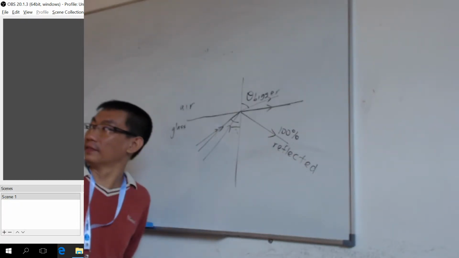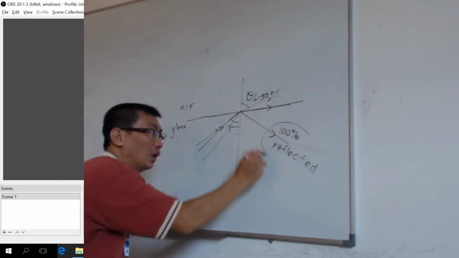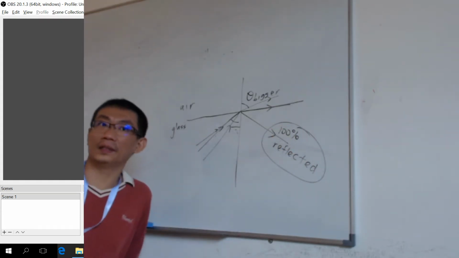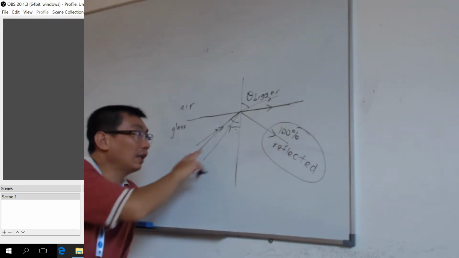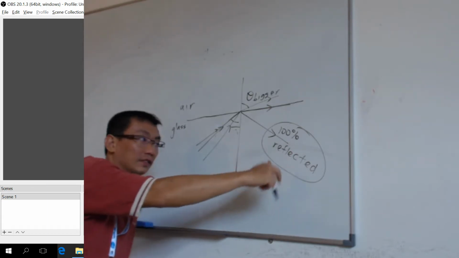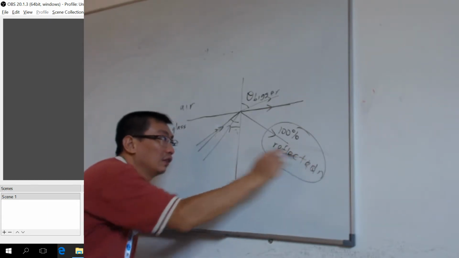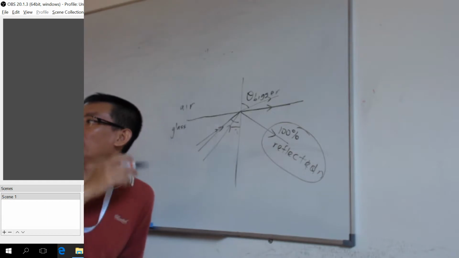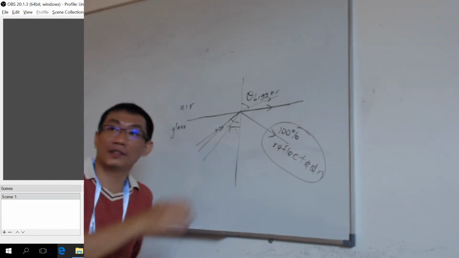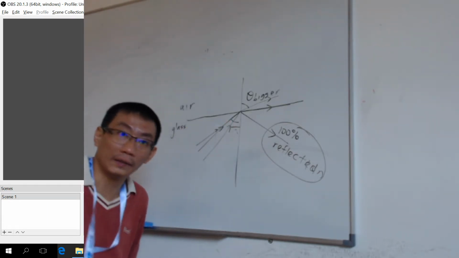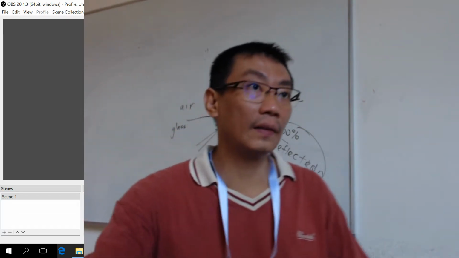So this is what we want inside the fiber. This is what we want, 100% reflection. If it's 100% reflection, the light will stay inside the fiber. That's what we want. Okay.